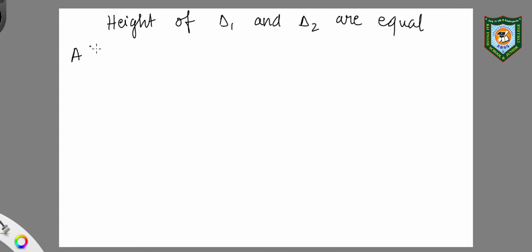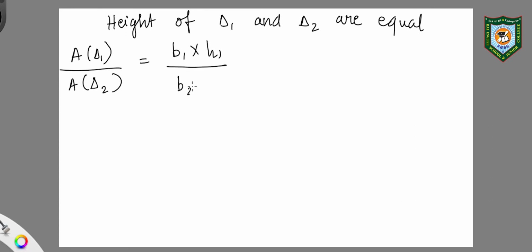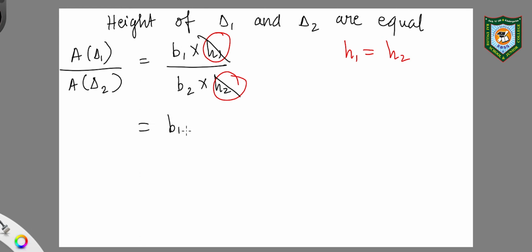We have area of triangle 1 divided by area of triangle 2, which is equal to b1 into h1 divided by b2 into h2. As the condition states that heights are equal, I can simply say that h1 is equal to h2. So all I have to do is cancel them out, and I'll be left with b1 divided by b2.